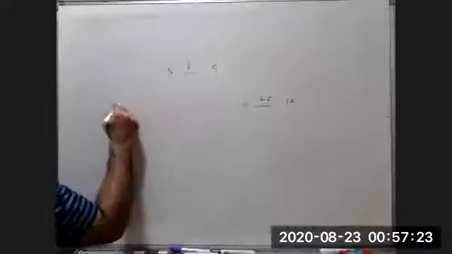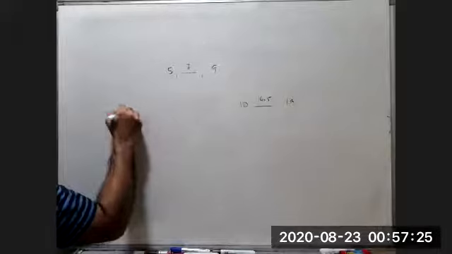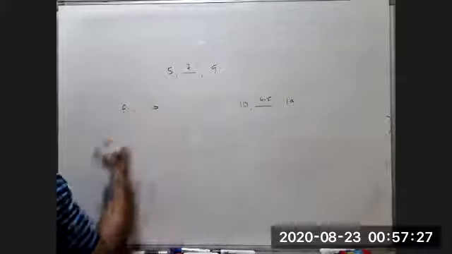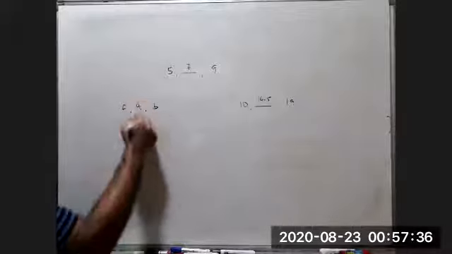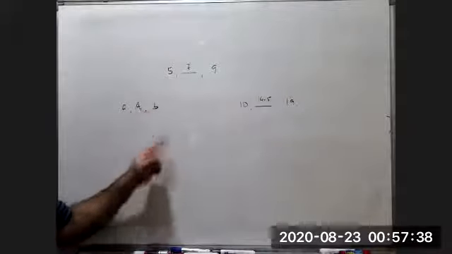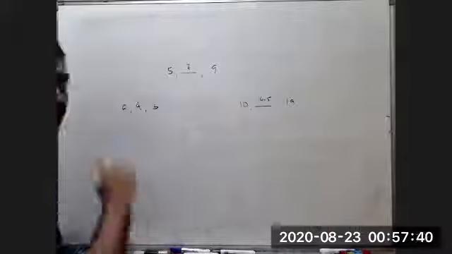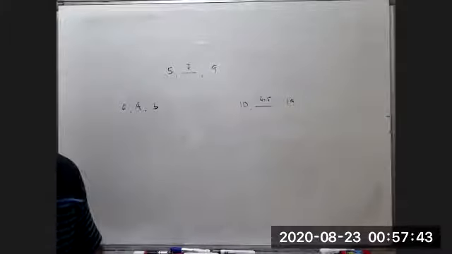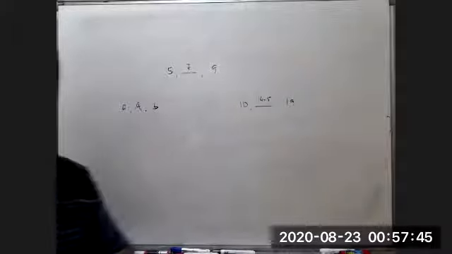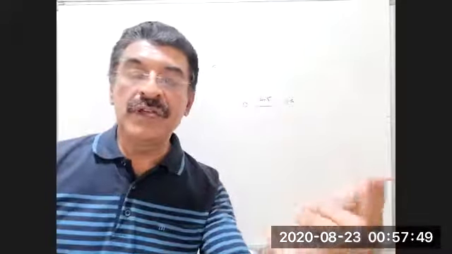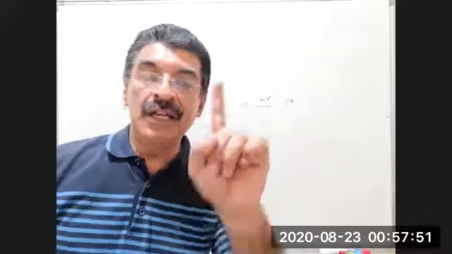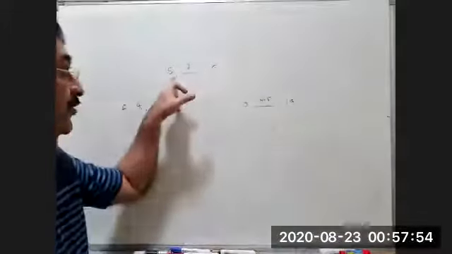So if two numbers are given, a and b, and we are inserting a number A1 in between, so that these are in AP, then this number A1 is called the arithmetic mean. Between two numbers, if we insert one number, how to find this number?